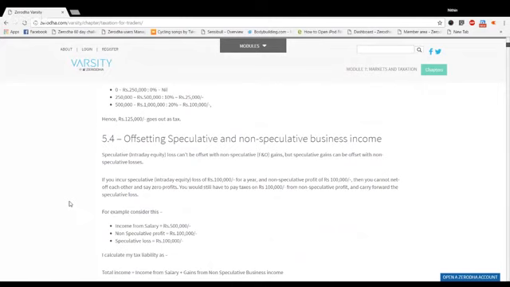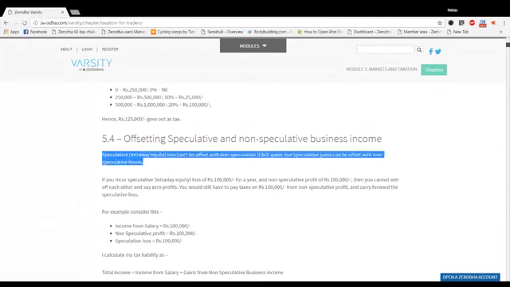So an intraday loss cannot be set off against F&O gains. This is quite a tricky thing. I've explained it here, so I'd suggest you read through it. But on the flip side, if you have made any intraday gains, they can be set off against F&O losses, right?